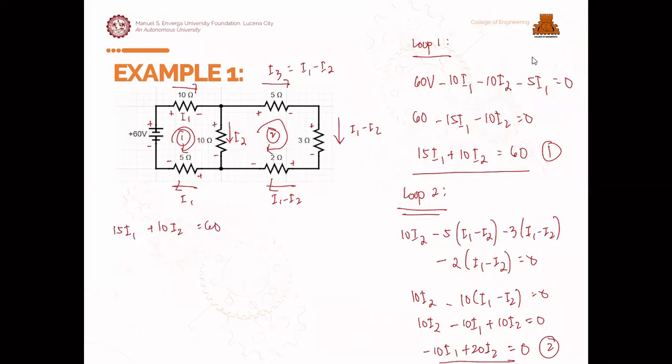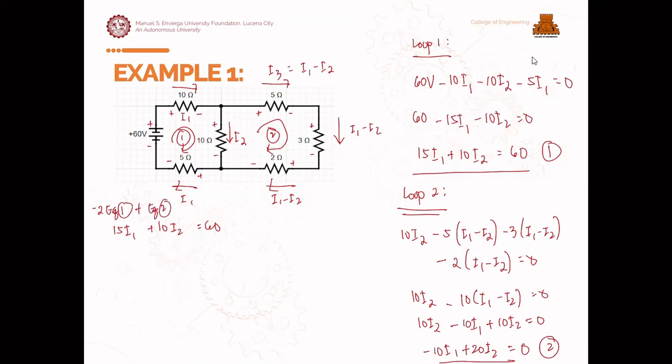So, since ito is may 20 I2, kailangan maging negative 20 I2 to para mag-cancel out sila. So, ibig sabihin, yung first equation natin, times natin ng negative 2, plus equation 2.